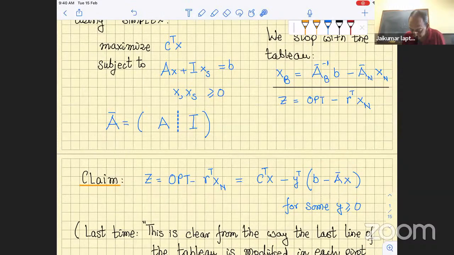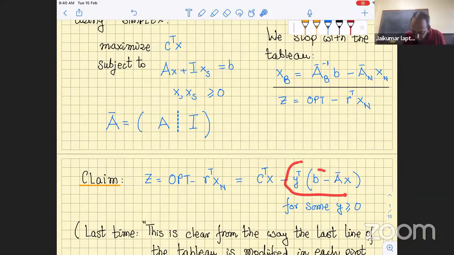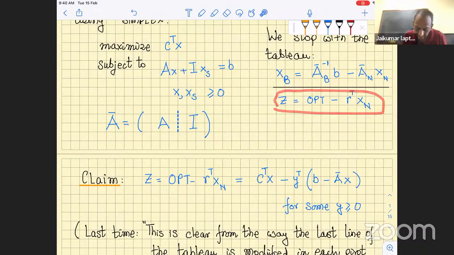We write Ax equals b, and moving everything to the right, it becomes 0 equals b minus Ax. So we have added a bunch of zeros, but the side effect is that the basic variables get cancelled in the expression for the objective function in the last row. This is how we argued last time: everything is just adding multiples of one equation to the other, so there ought to be a y.